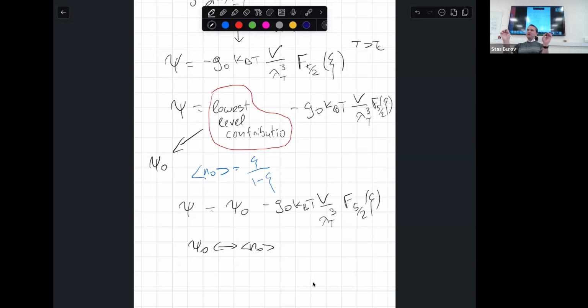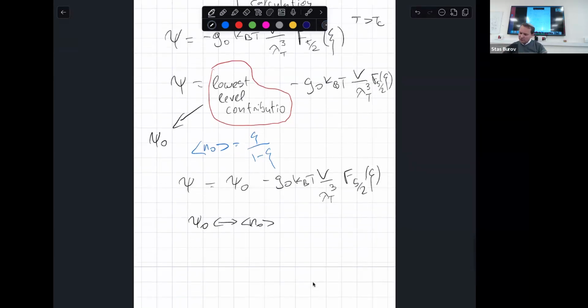We just look at the ground state and calculate the contribution to the grand canonical potential that comes from this ground state. Now, the grand canonical potential determines the average number of particles at this state. How does it relate? We know that N0 average equals minus d psi 0 over d mu.